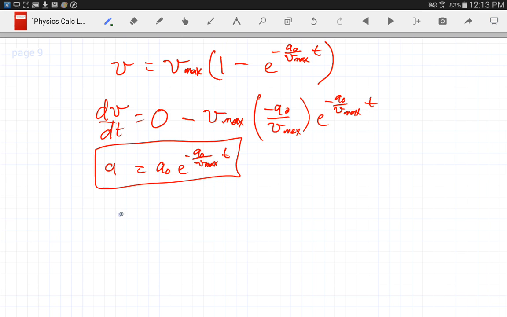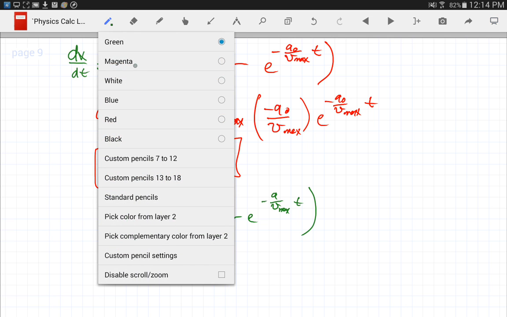Have to integrate. So I go back to v is equal to dx/dt. What am I going to have to do to integrate this thing? Okay, multiply by dt.